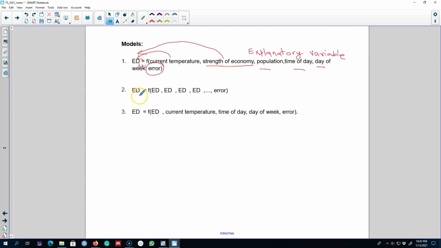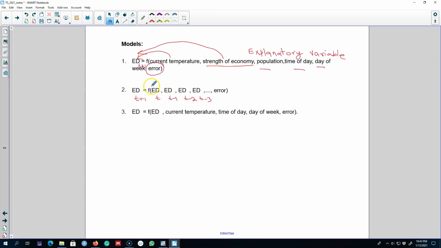The next type of model will be if we know that our electricity demand forms a time series. What we can do is use electricity demand in the previous periods as a predictor of electricity demand in the future. So see here, we are not using any explanatory variables in our model here.